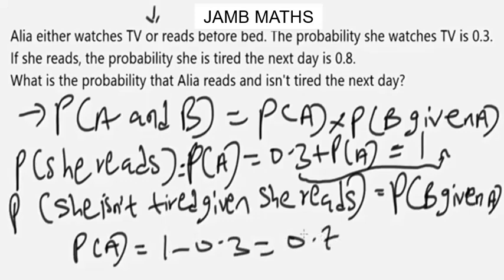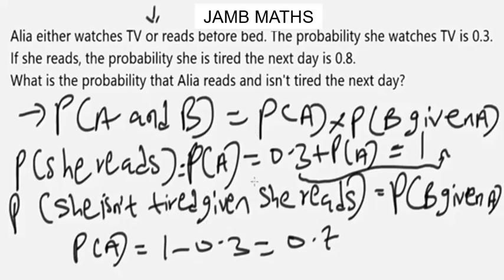Now for the probability that she isn't tired, given she reads, the same thing applies. The probability that she is tired the next day is 0.8 if she reads.